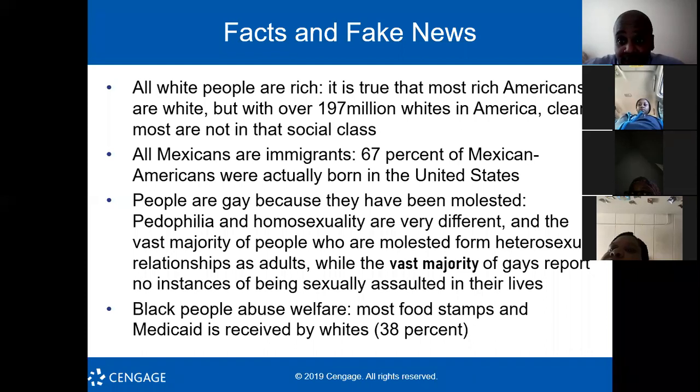So it is true that most rich Americans are white, but with over 197 million whites in America, clearly most white people are not rich. All Mexicans are immigrants. Is that real? No. Most of the Mexican people you see were actually born in the United States.